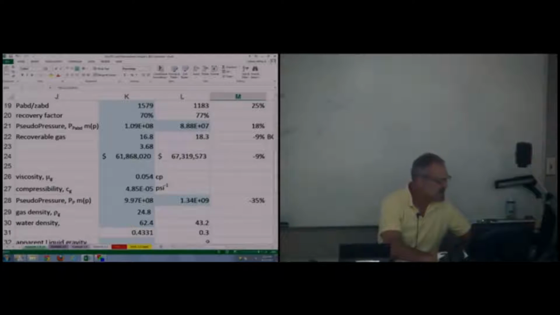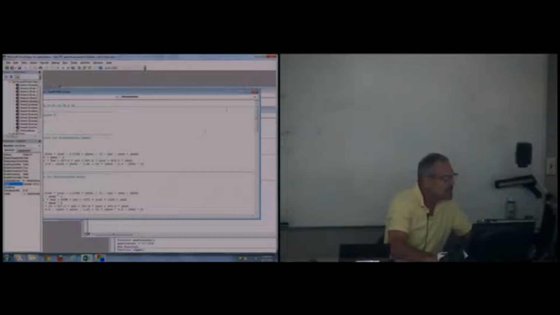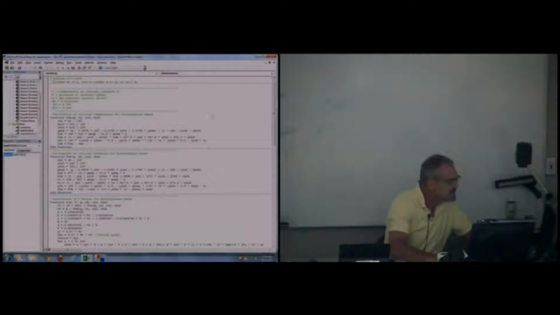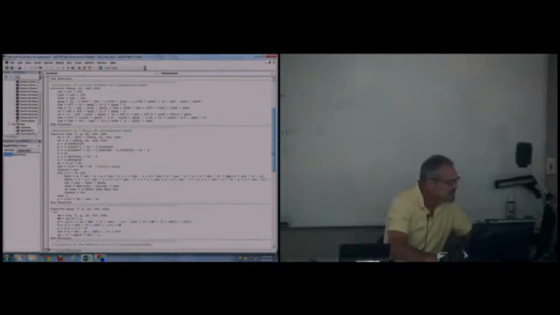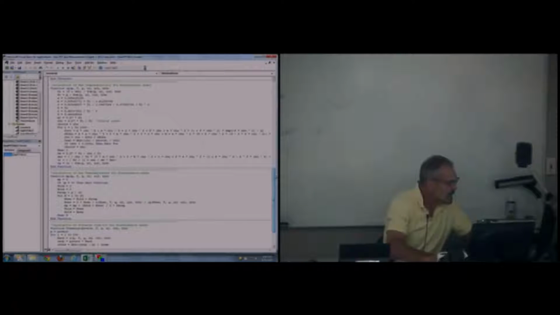Well, yes, it does, indirectly. What do we got here? Pseudopressure is a function of gas viscosity.